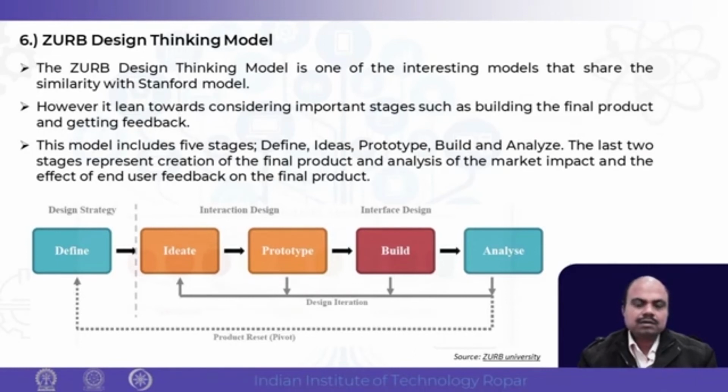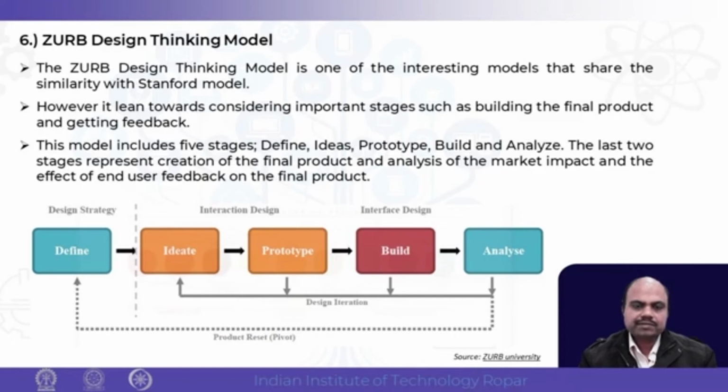Now we are going to learn another method. The sixth one is ZURB, Z-U-R-B, the ZURB design thinking model. ZURB is one of the interesting models that shares similarity with the Stanford model. However, it leans towards considering important stages such as building the final product and getting feedback.